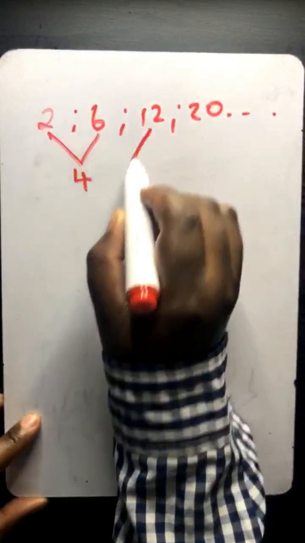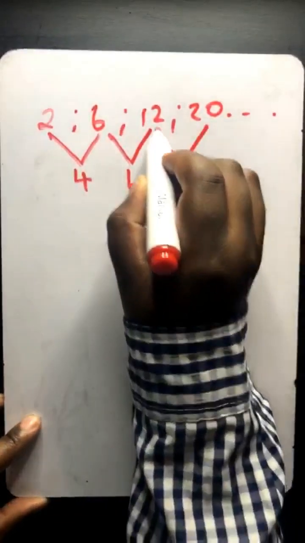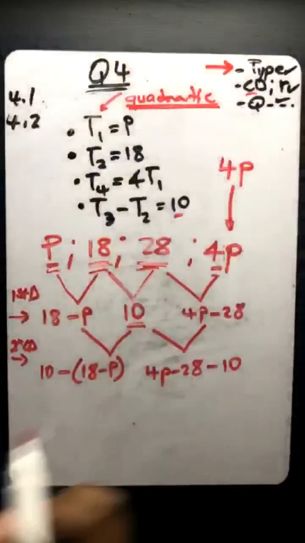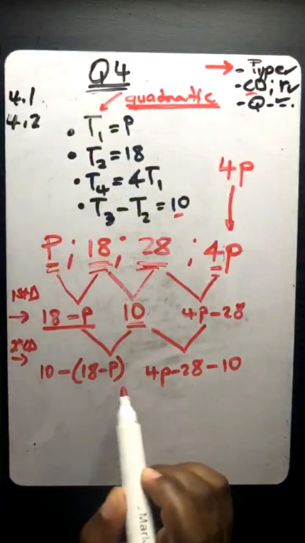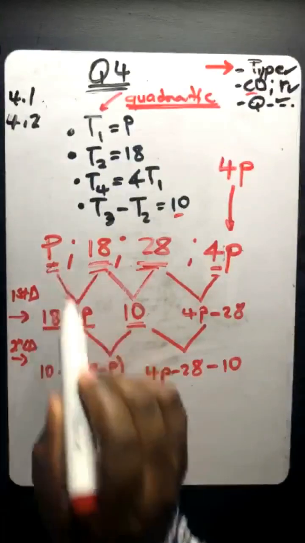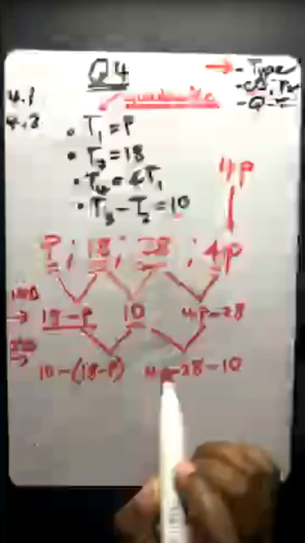If you say this minus that, it gives you 6. If you say this minus that, it gives you 8. So this is what we have done there. Can you see? We say that minus that, it gives you that. But here, it's not in numbers. You have a number and a letter. That is why we just write it as a number minusing a letter. We leave it as it is.